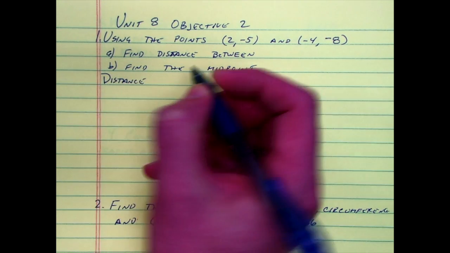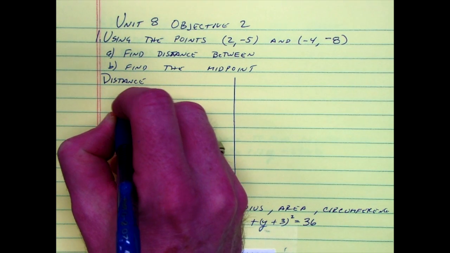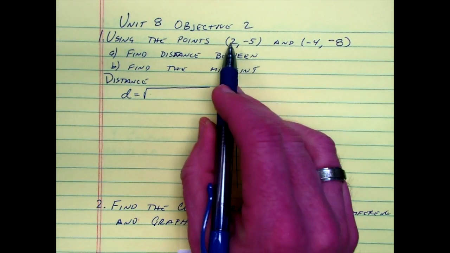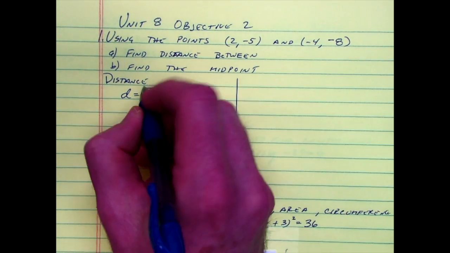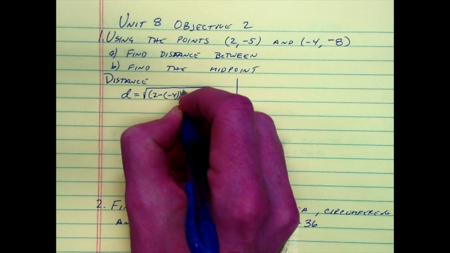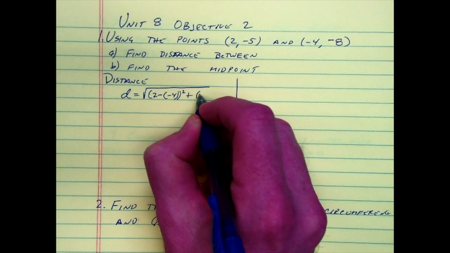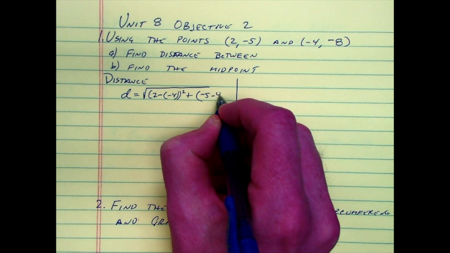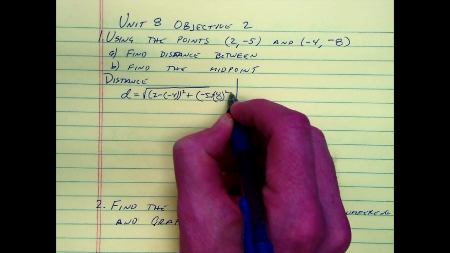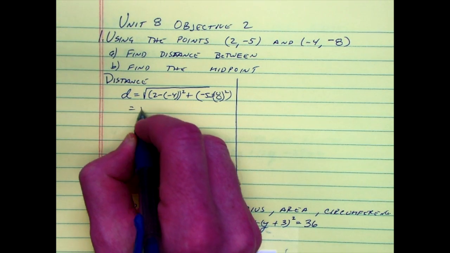The first is using the distance formula, which is the square root of the differences in the x's squared plus the differences in the y's squared. So I'm going to do 2 minus negative 4, squared, plus negative 5 minus negative 8, squared.